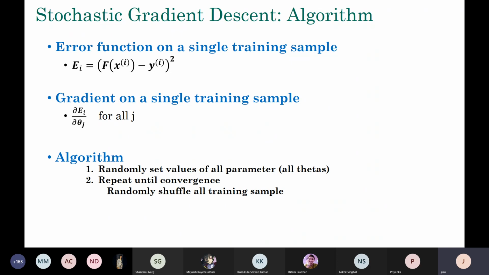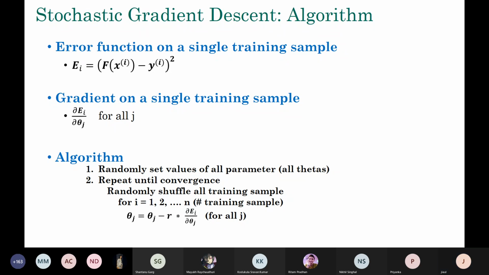Because we are doing stochastic gradient descent, you randomly shuffle all training samples, and then you take one sample at a time. Take the first sample, compute this, and update. Take the second sample, you update all the parameters. Take the third sample, update all the parameters, and so on and so forth. That is how you are going to move in standard stochastic gradient descent.